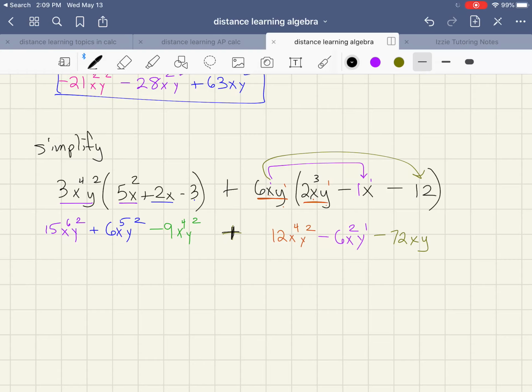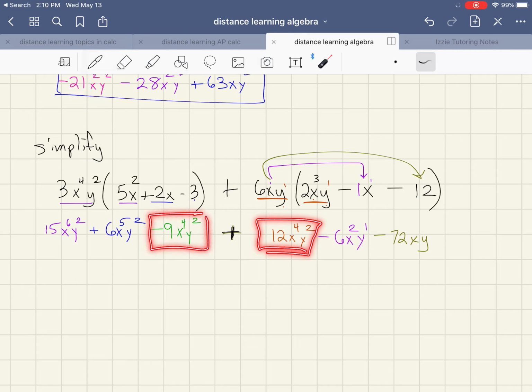Now I'm looking for the same variables. These are clearly different. These are all different. I have an x to the fourth y squared here, and I have an x to the fourth y squared here.